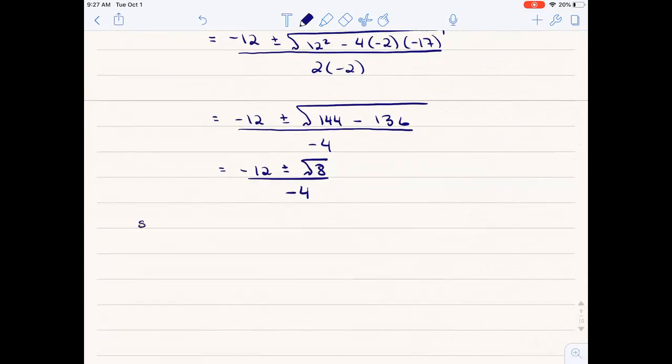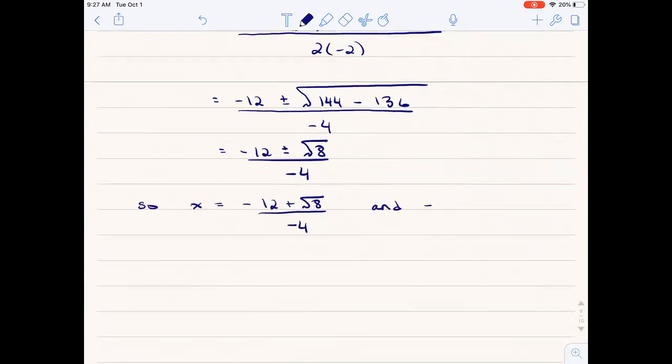So x is negative 12 plus the square root of 8 over negative 4, and negative 12 minus the square root of 8 over negative 4. Of course, you can simplify these, but I'm just going to convert them to decimals anyways, and do an approximation.